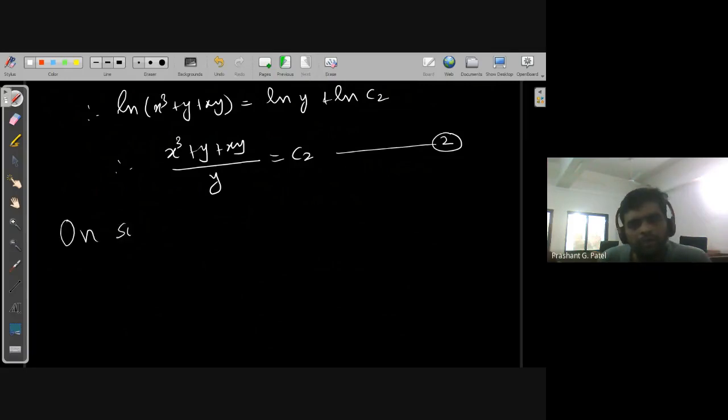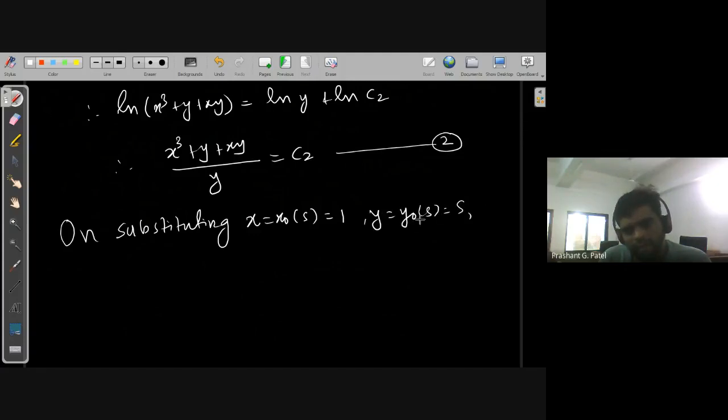So on substituting, x is equal to x0 equal to 1, y equal to y0 of s is equal to s, and z is equal to z0 of s is equal to s into 1 plus s, in u equal to c1 and v equal to c2.